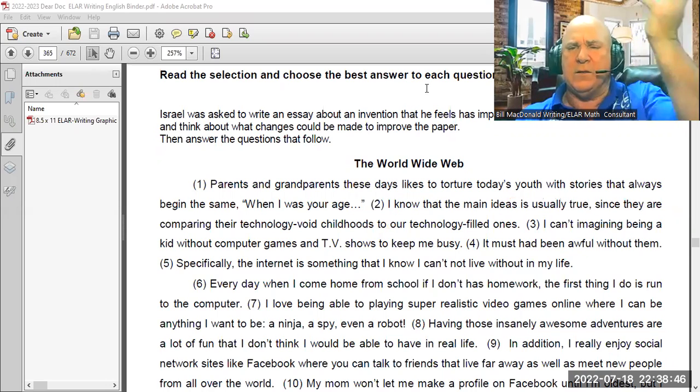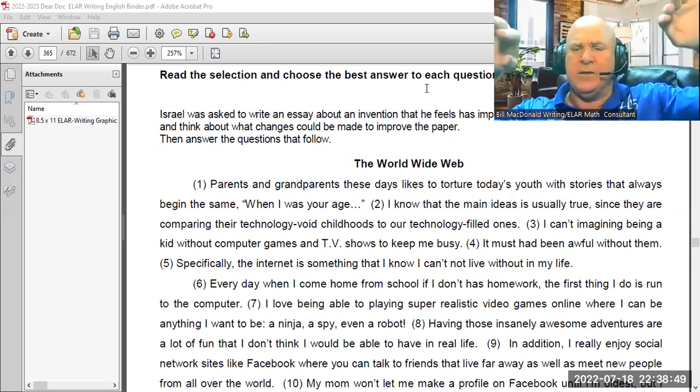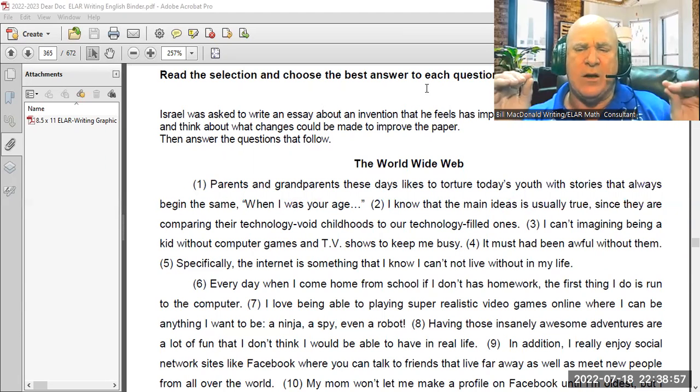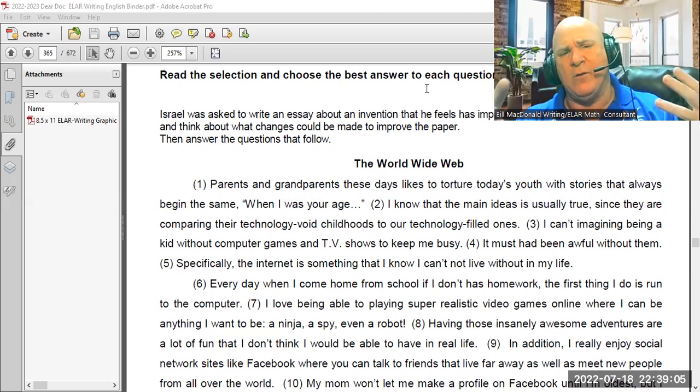All right. Then it's 3. Capital I cannot imagining. Imagining is a word, but because it doesn't sound right when you put it with can't, I can't imagining. They spend their time imagining. That would be plural. That could work. They spent their time imagining, but me, I can't imagining. No, I'm going to drop that ing. I can't imagine being a kid without computer games and TV shows to keep me busy.